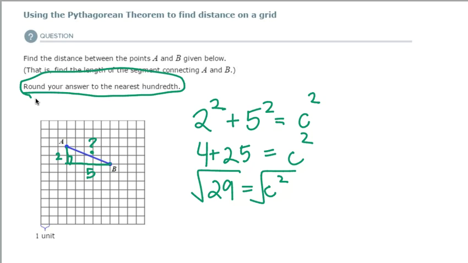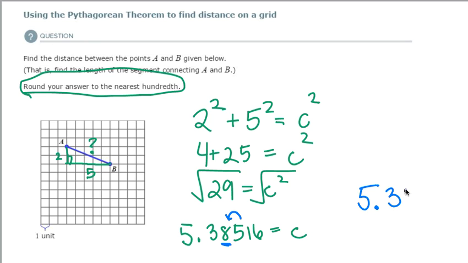So the square root of 29 is 5.38516 equals C. Now for rounding, we want to go to the hundredths place. So my 5 is going to tell my 8 to do what? Hopefully you said round up. So my distance is 5 and 39 hundredths. And that's it.